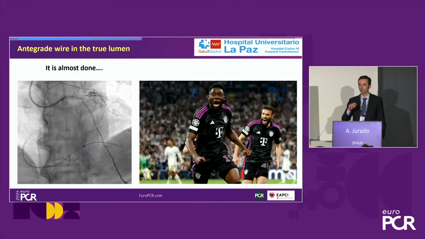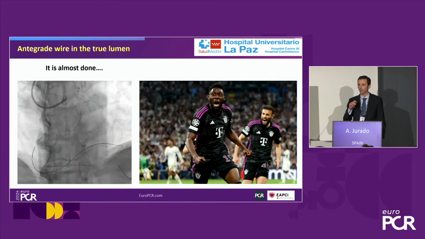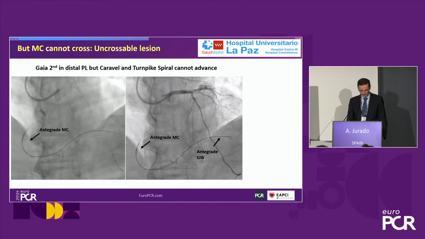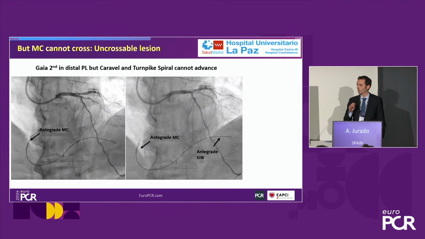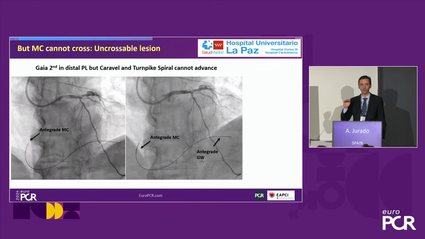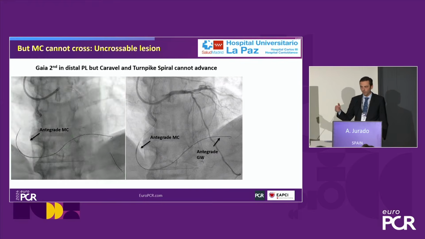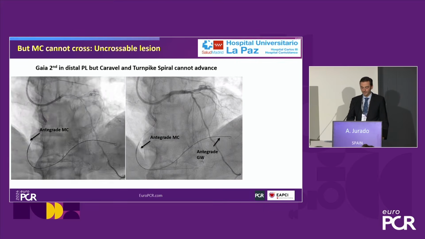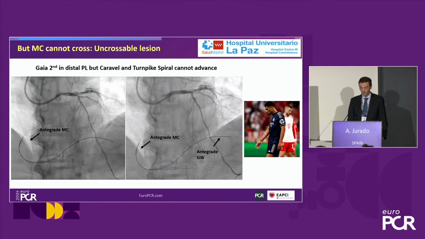It's like when you score a goal in minute 70-something in the Bernabeu and you think everything is done. However, nothing else could cross over this wire. Nothing else. We had the Gaia Second in the true lumen, small balloons, microcatheters, a small microcatheter, a Turnpike Spiral, and you can have this feeling.